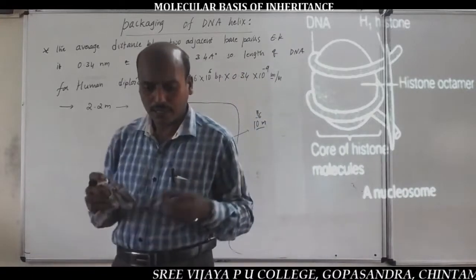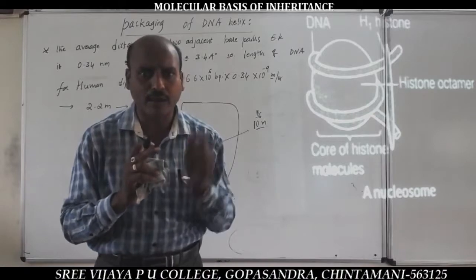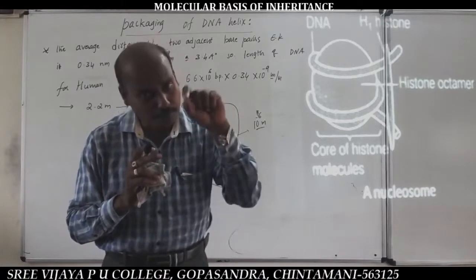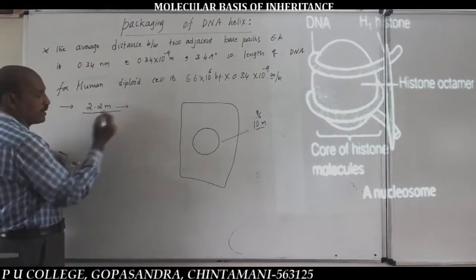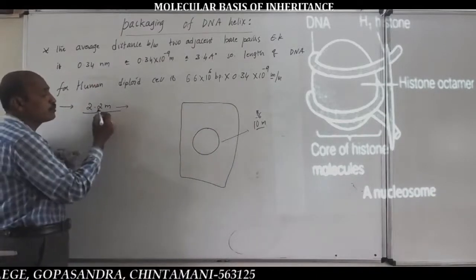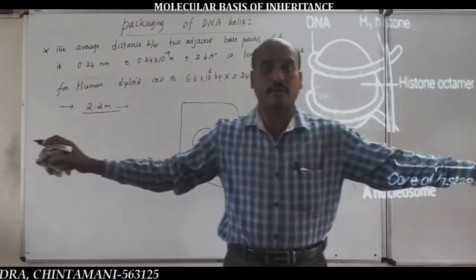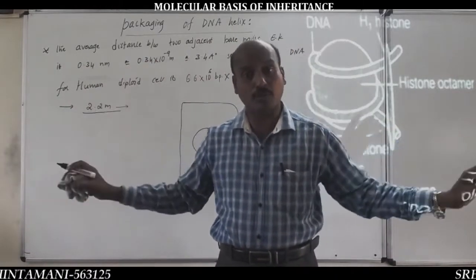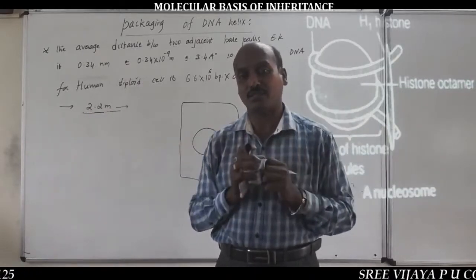You should remember the dimension of the nucleus in the diploid cell is 10 to the power of minus 6 meters. But the length of the DNA in the diploid cell is 2.2 meters. So the length of the DNA is some 1000 times more than the dimension of the nucleus.